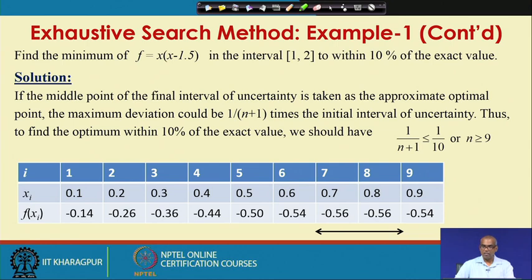The final length of interval will be 0.7 to 0.8. So, we can take the midpoint, that is 0.75, as the best estimate of the minimum of the function f x equal to x into x minus 1.5.